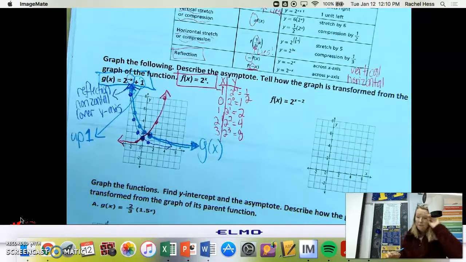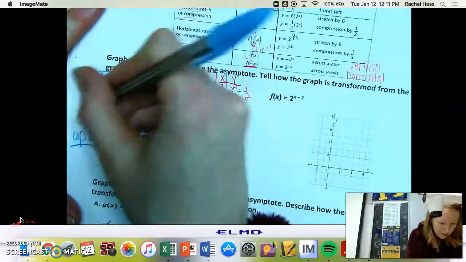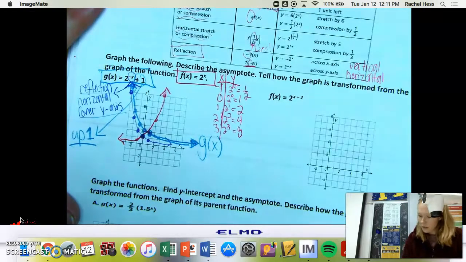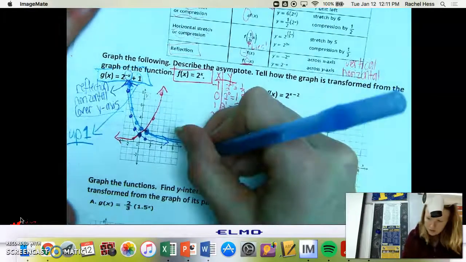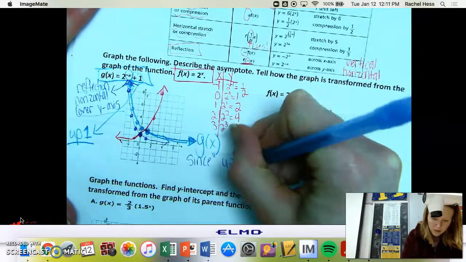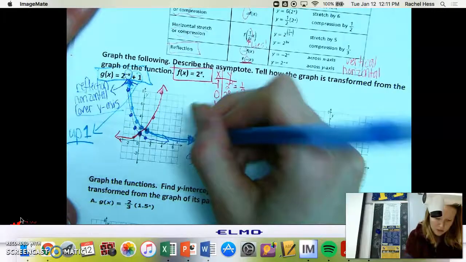Okay, so thinking about our domain and range, we transformed by going up one and we reflected over the y-axis. Since we went up one, if you recall, our asymptote was usually at 0. We got really, really close to 0 but didn't touch it.